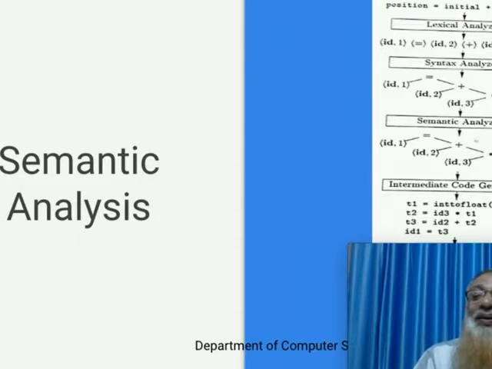"I went to school." "School went." There is a syntactical imbalance between these two statements. How can a statement be semantically wrong? Suppose I say, "I am a beautiful lady." This statement is syntactically correct.